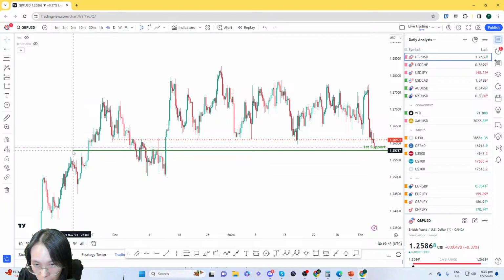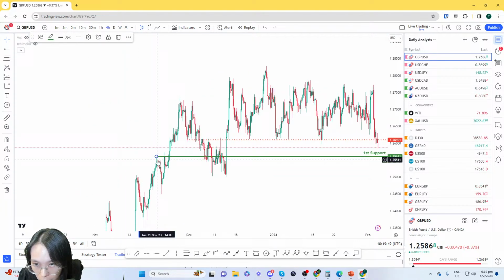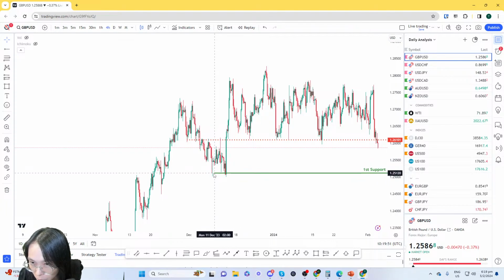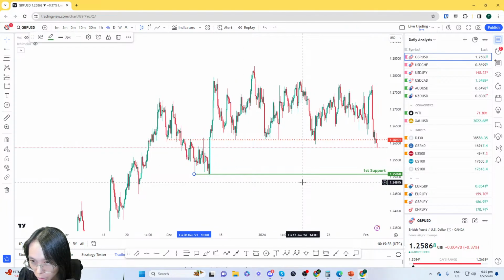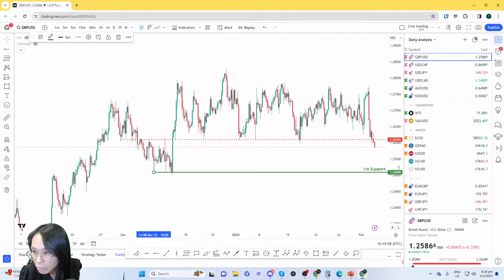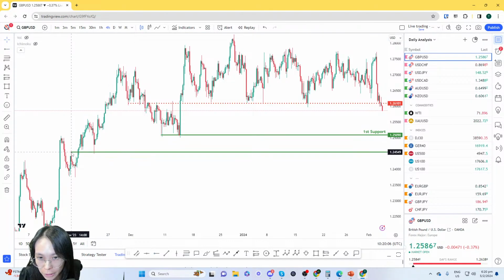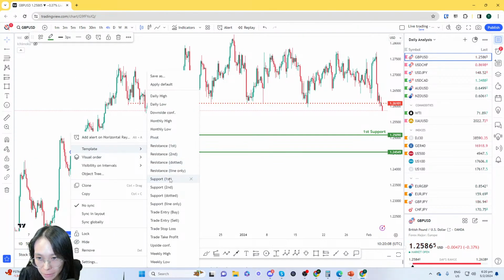This is not really a level from here. There's nothing much at this level, so the only one I could use is this swing low. So my first support is this swing low over here, followed by the overlap, which will be my second support.